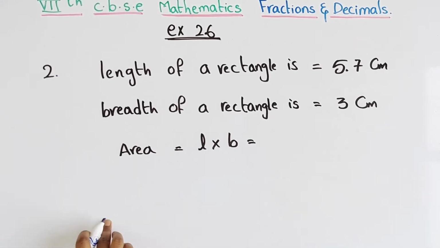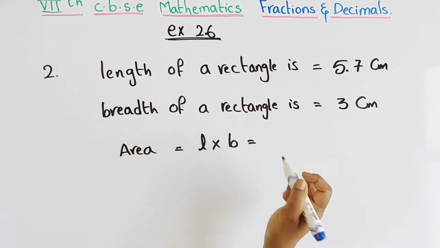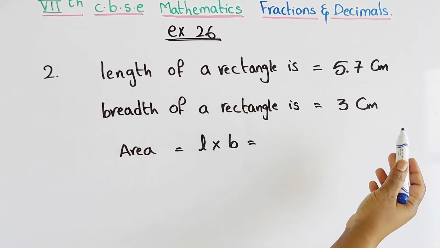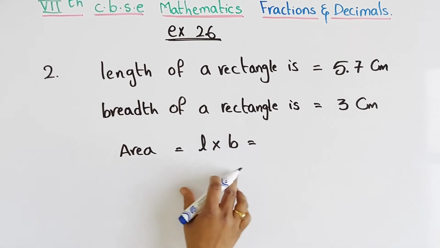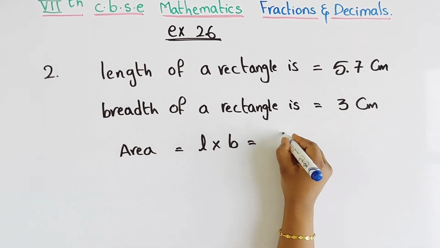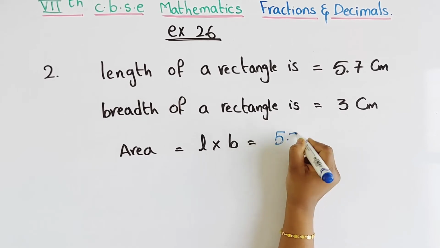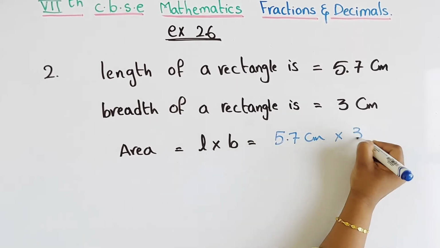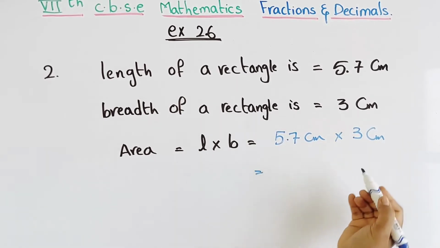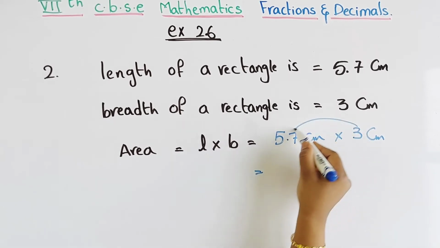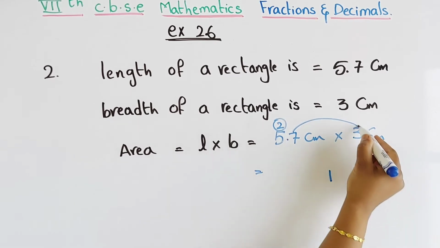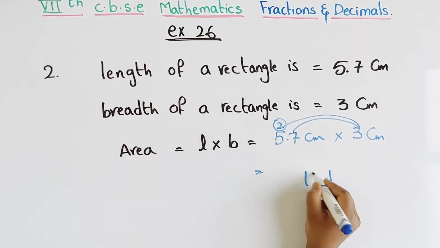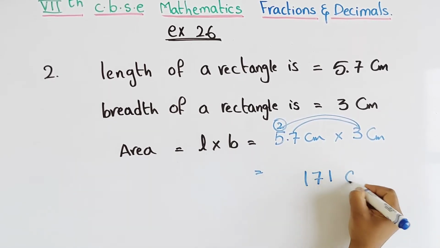Now second question, children. Find the area of a rectangle whose length is 5.7 centimeter and breadth is 3 centimeter. We know the area formula, that is L into B. That means 5.7 centimeters into 3 centimeters. Correct, children? Here you can multiply directly. 3 sevens are 21, 2 carry, 3 fives are 15 plus 2, it is 17. 171 centimeter square.